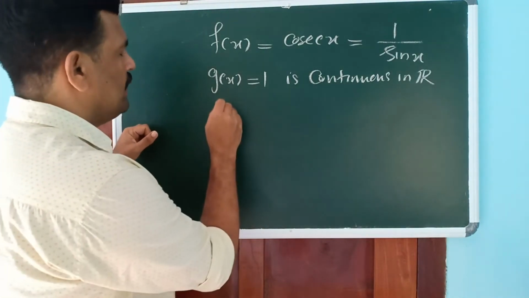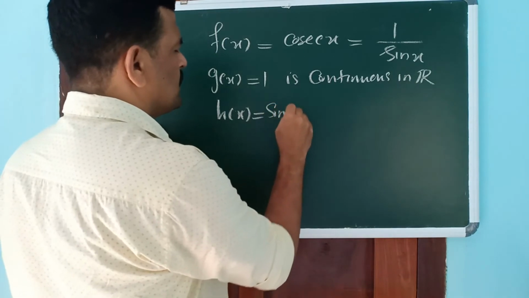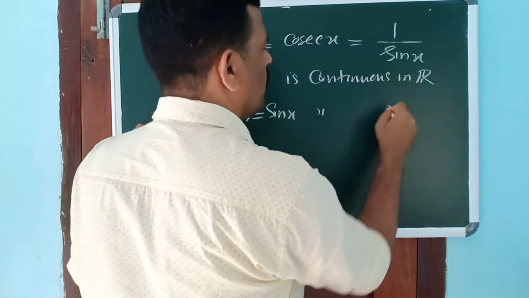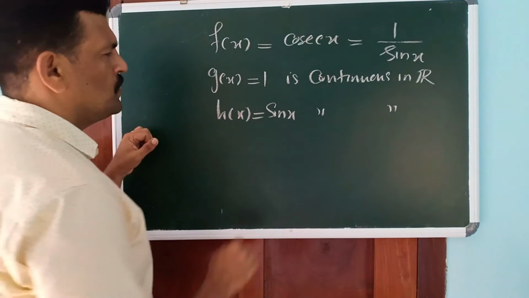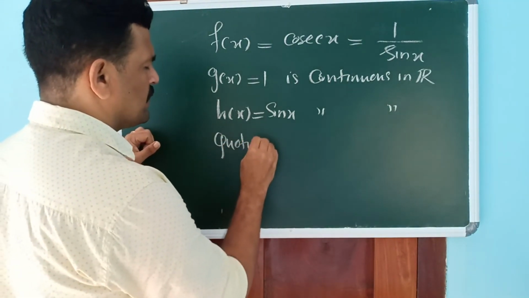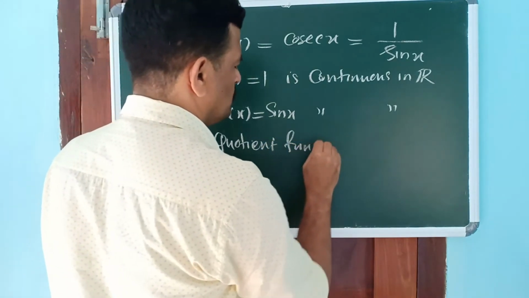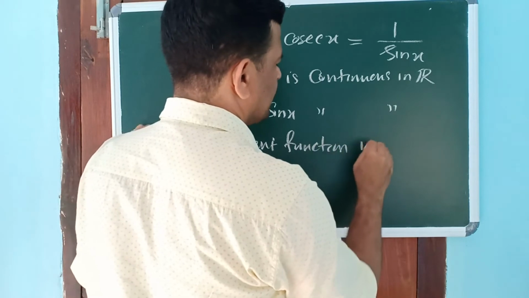Now, we can take h of x as sin x. It is also continuous in the set of all real numbers. Now, the quotient function is continuous.